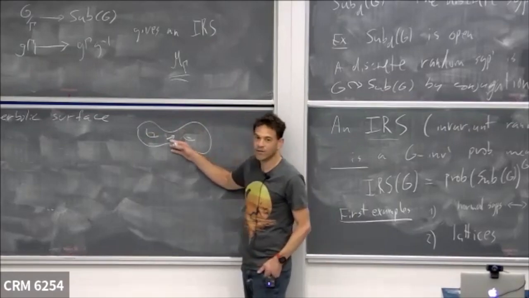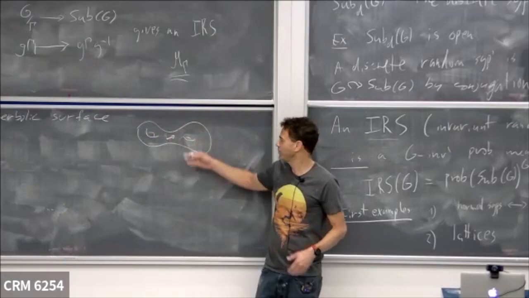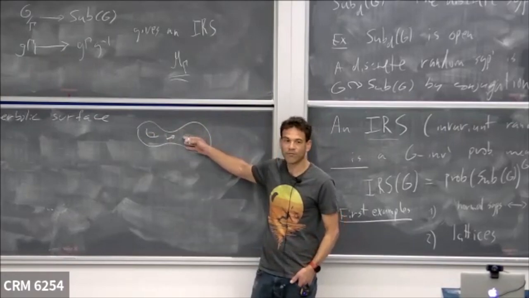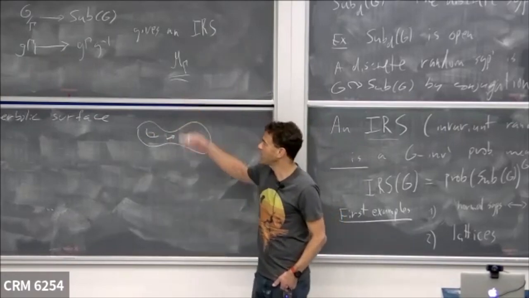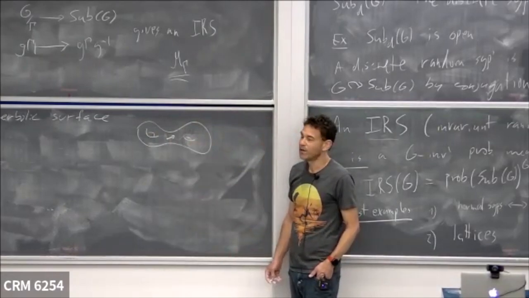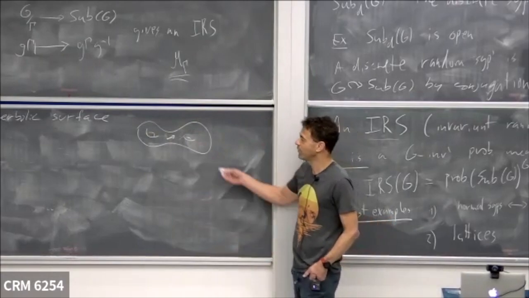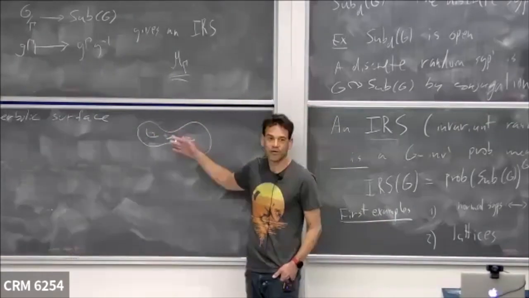Once you do that, it gives you a way to embed the fundamental group, the surface group, inside PSL2R, which is the group of isometries of the universal cover.